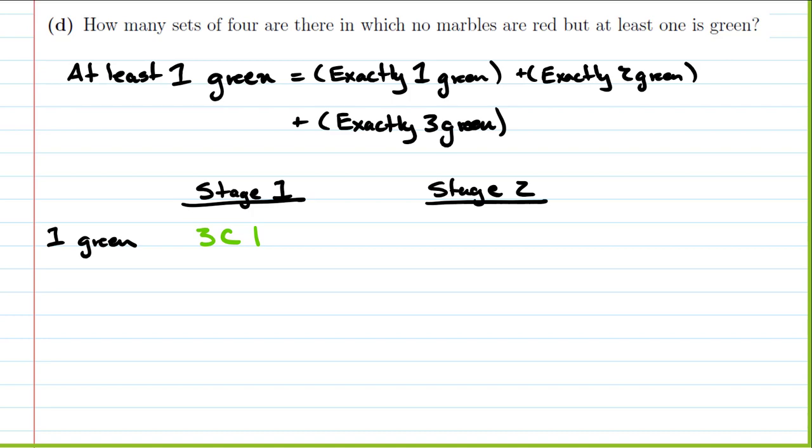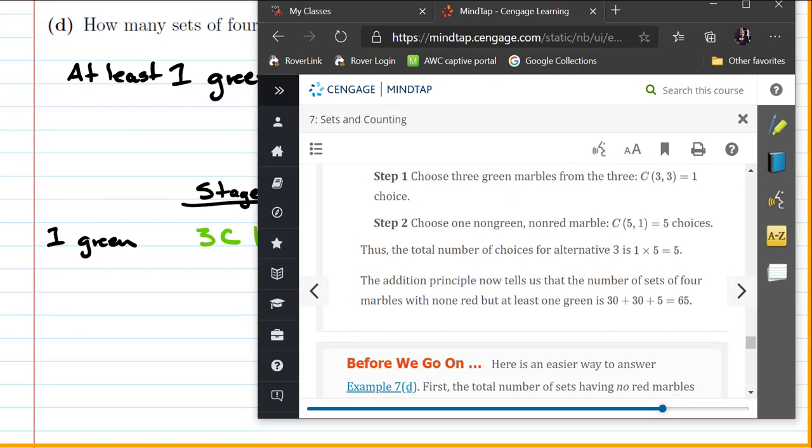But it's actually more than that. Because what else are we not allowed to pick? Well, I think you're answering a different question. What else are we not allowed to pick? You just told me what we were allowed to pick. So what else are we not allowed to pick in our stage 2?